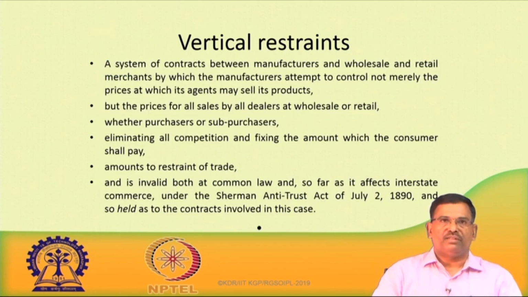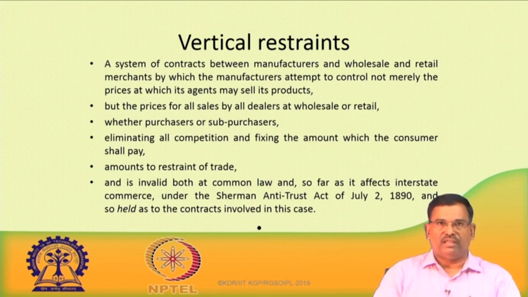Here the vertical restraints are basically in the contracts. The manufacturers always enter into contracts with wholesale merchants or retail merchants, and they try to control the prices from manufacturing to the wholesalers, to the retailers, and ultimately to the consumers. They put restrictions on prices at all levels, so the price of these products when available to the consumers is entirely fixed by the manufacturers.